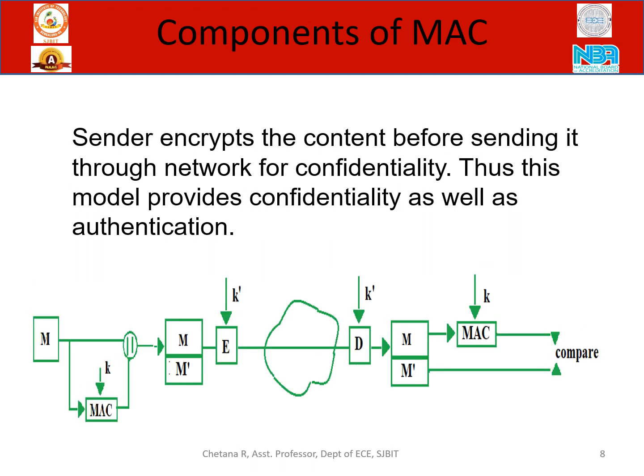The sender encrypts the content before sending it, to achieve confidentiality. Still here it is the same as the previous diagram. Another key is used and the whole package is encrypted. So the encrypted information is sent here, and at the receiver side it is decrypted, and again you have the same package of message and the MAC, and using the MAC algorithm with the input message and the K, you have the MAC code generated.